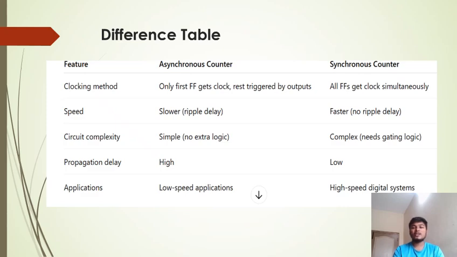Synchronous counters are used for high-speed applications. Asynchronous has low power consumption. Synchronous has high power consumption. Asynchronous counter has low power consumption and synchronous has high power consumption. Thank you.